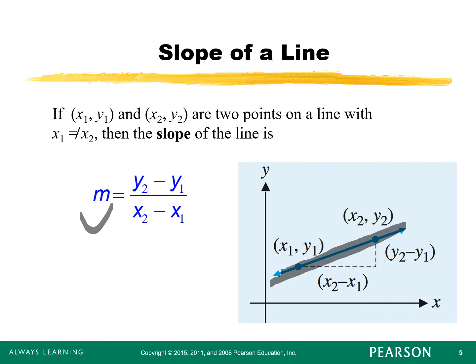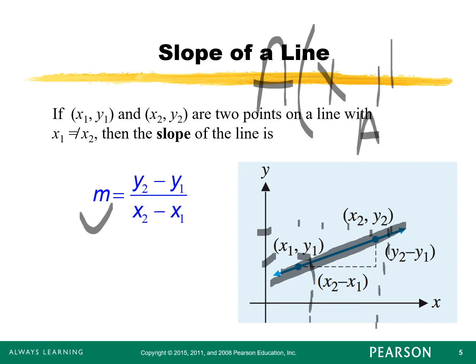If we want to calculate the slope using the graph, what should we do? We have to take 2 points, point A from the graph and point B from the graph also. So point A, we have xA and yA.